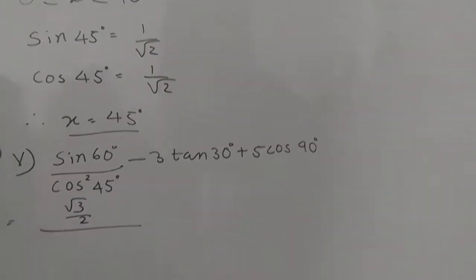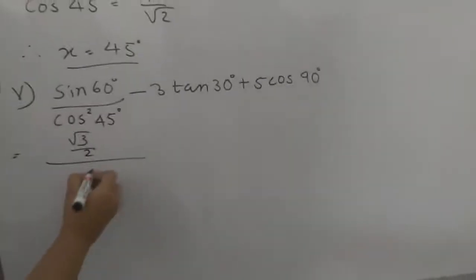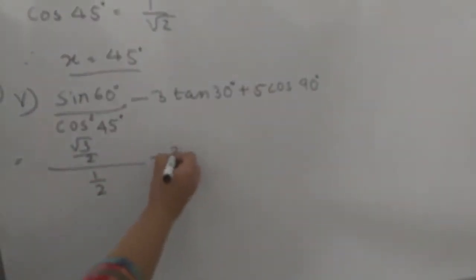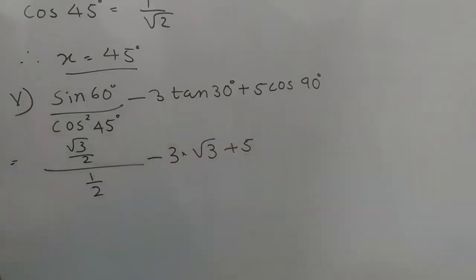Then it is cos square 45 degree. Cos 45 is 1 by root 2, but by squaring it I get 1 by 2. Minus 3 tan 30. Tan 30 is root 3 by 3, plus 5 cos 90 degree. Cos 90, you should remember, is 0. So here we put into 0.